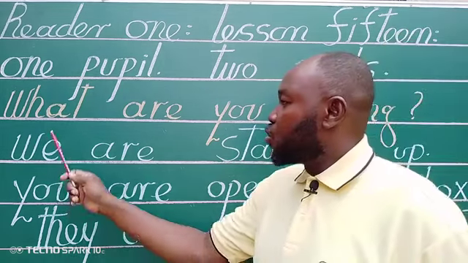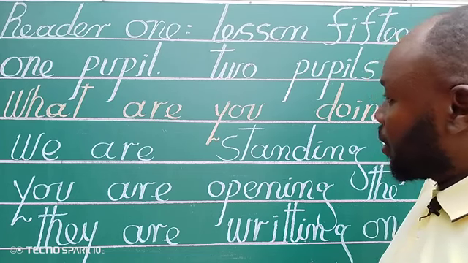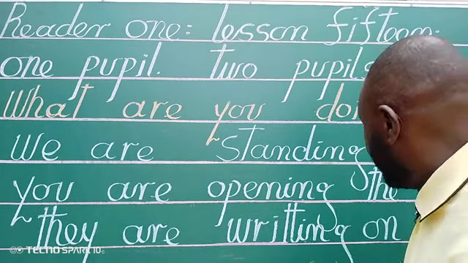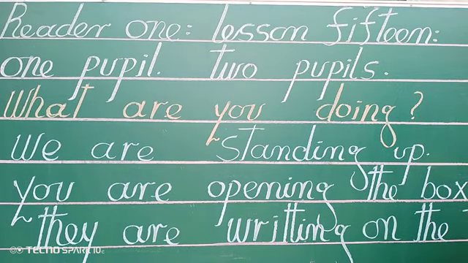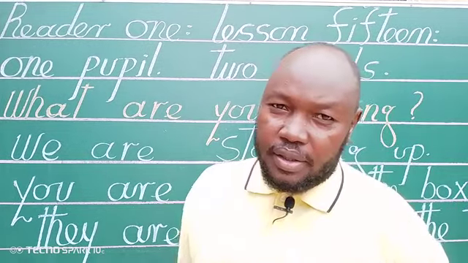We have these questions here in order to know how to use the plural pronouns. What are you doing? This is the question we ask all the time. Why do we ask these questions? What are you doing?